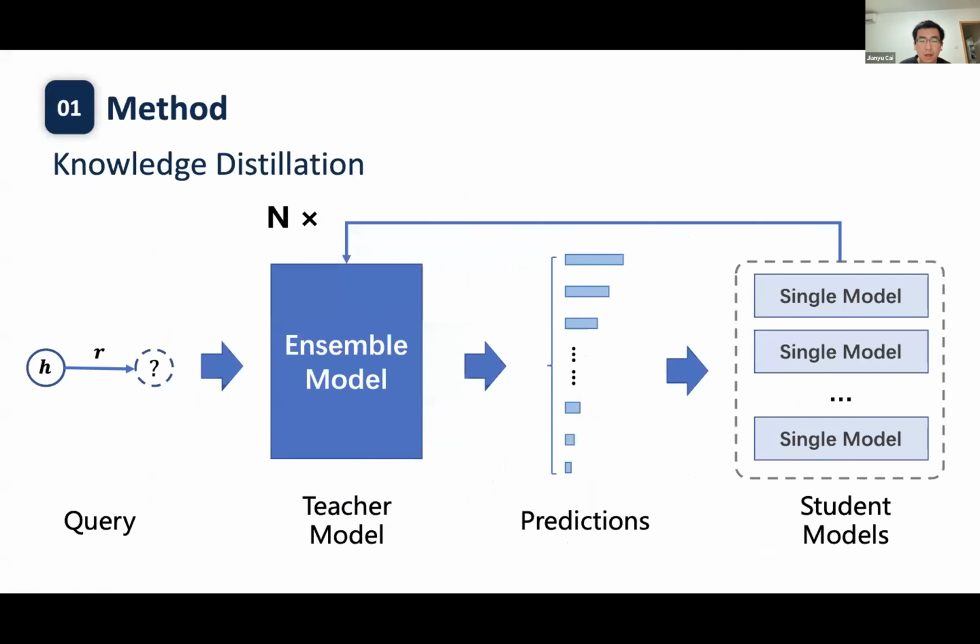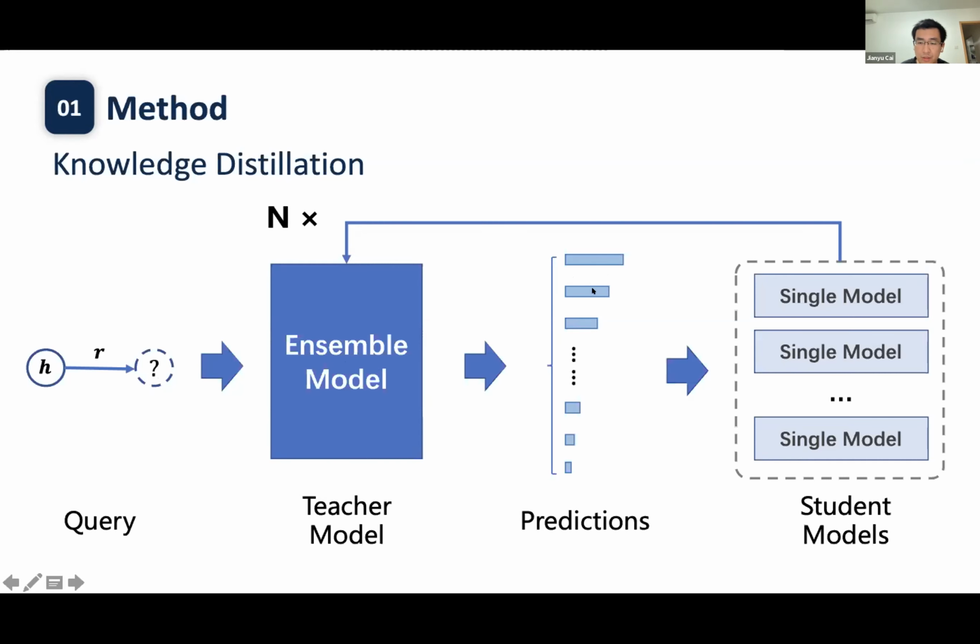After the ensemble method, we develop another technique, which is very similar to knowledge distillation in recent years. When we are given a query H and R, we predict the scores of the tail candidates T. We directly use the ensemble model to make predictions.